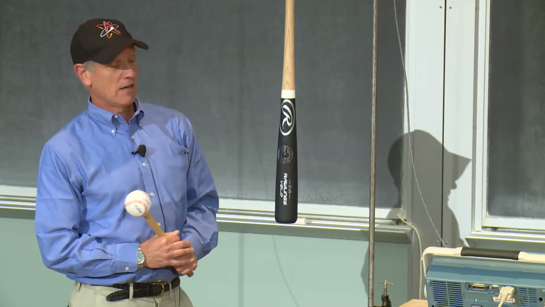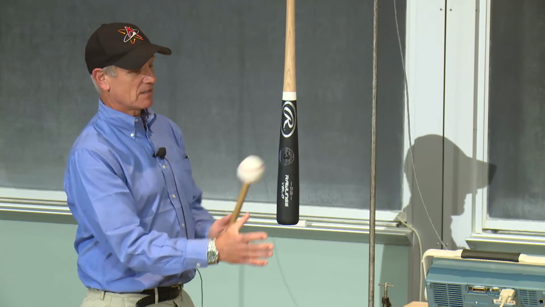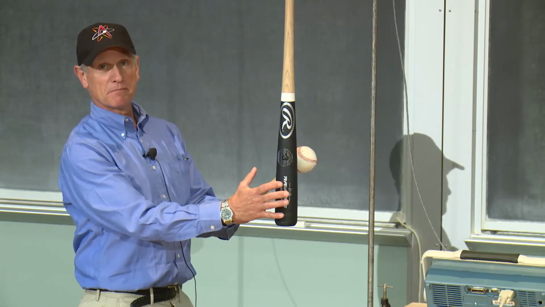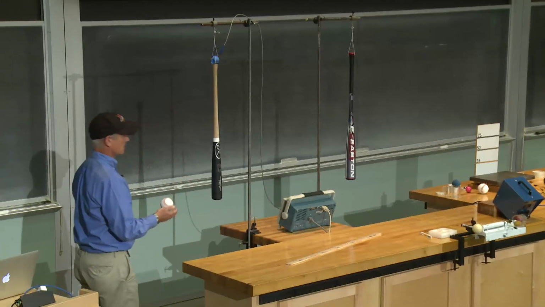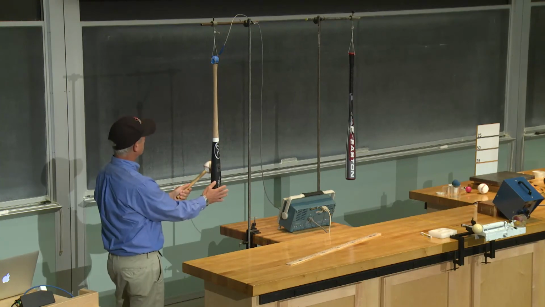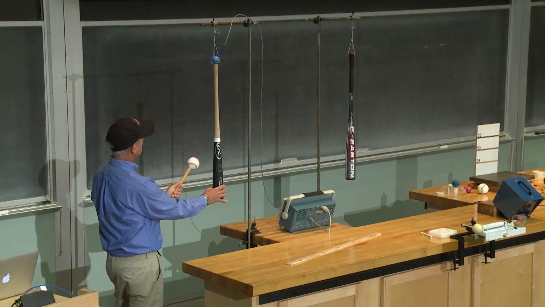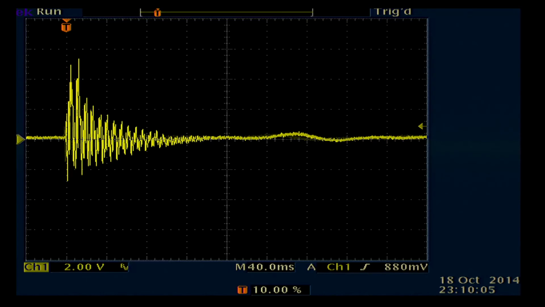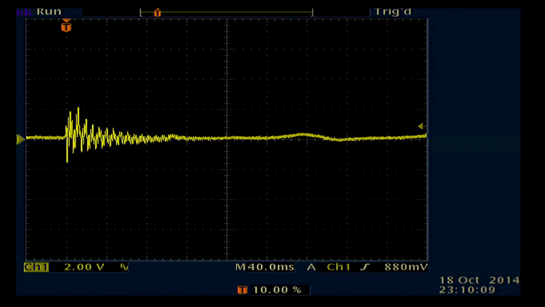The first place I'm going to hit the bat is around the sweet spot, simulating the ball-bat collision. Every time I do this, you see I hit it a little harder, but I'm going to try to do it the same every time.